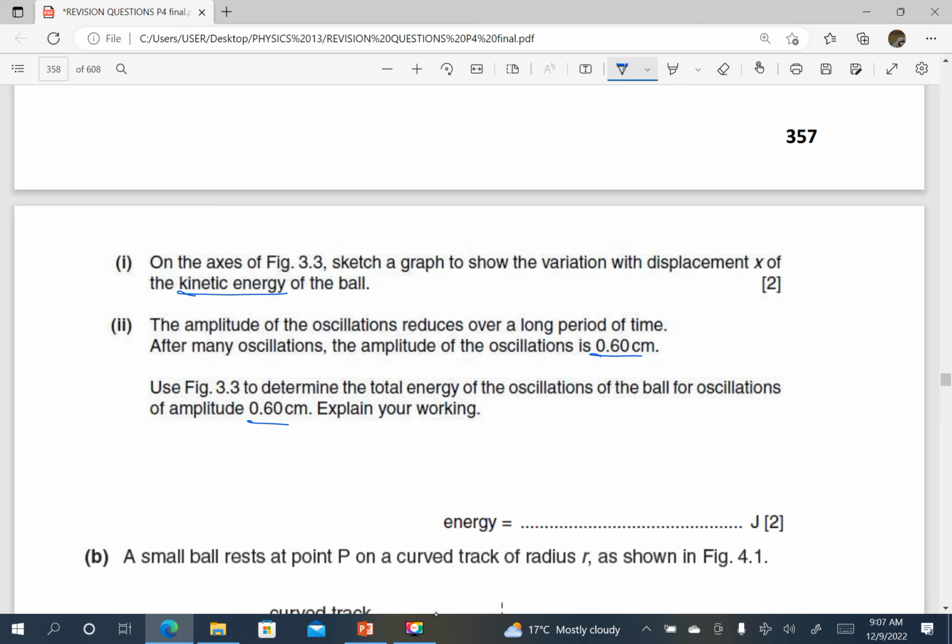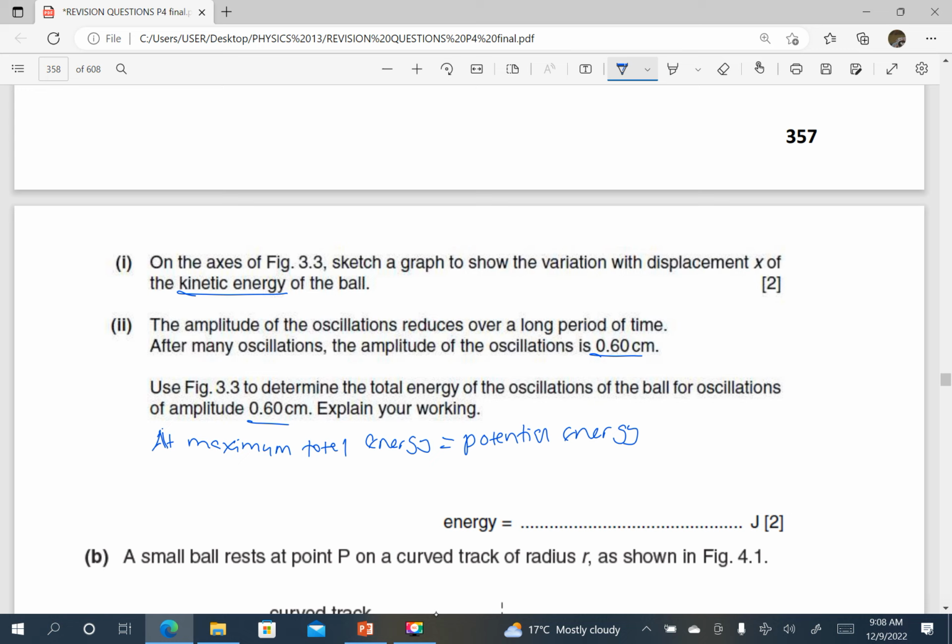We know that at maximum amplitude, potential energy is equal to total energy. At maximum amplitude, the total energy will be equal to the potential energy.